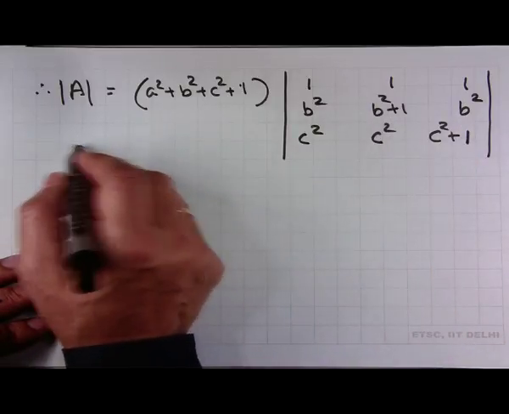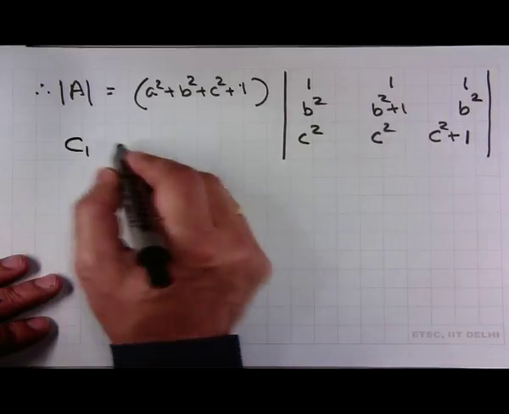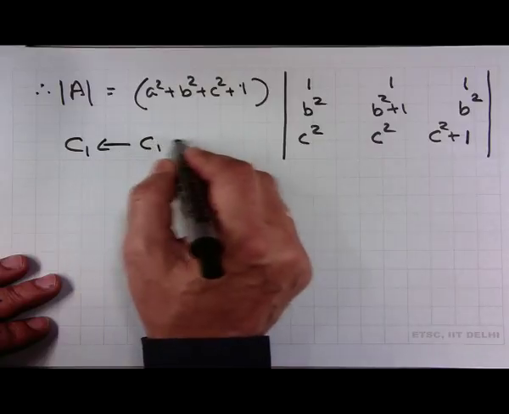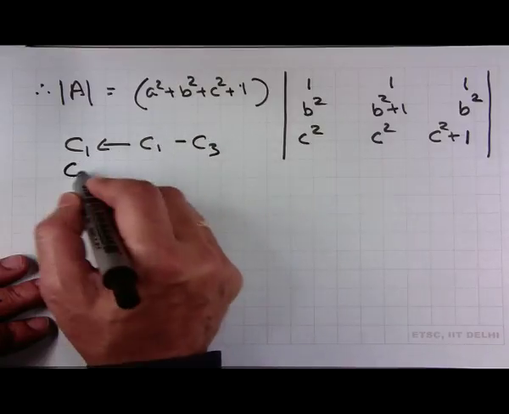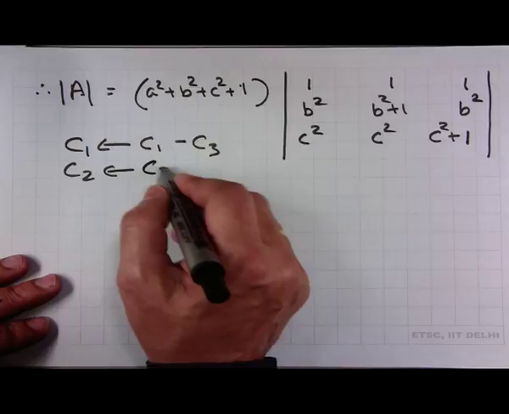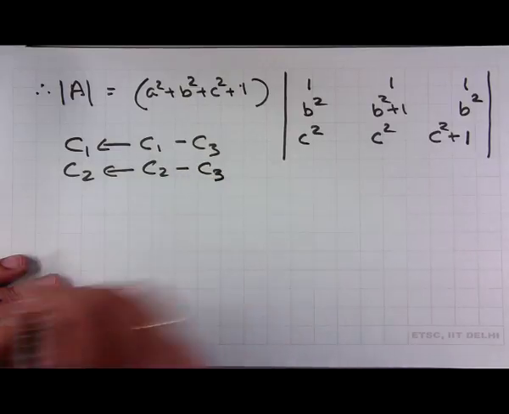So, we are doing 2 at the same time. C1 goes to C1 minus C3 and C2 goes to C2 minus C3.